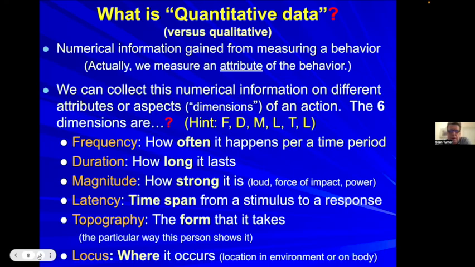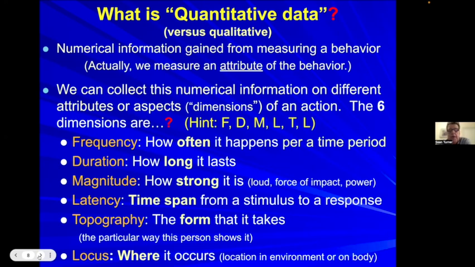Quantitative data is numerical. We can collect numerical information on different attributes or aspects, which in this course we call dimensions, dimensions of an action, such as frequency, duration, magnitude, latency, and topography. These are very important for part one, because part of your assignment is to do a qualitative part, explaining some context of the student you're observing.